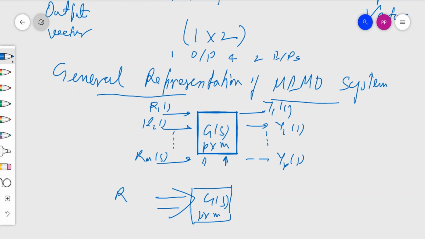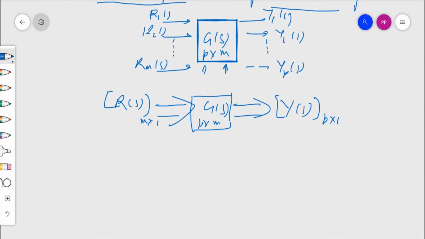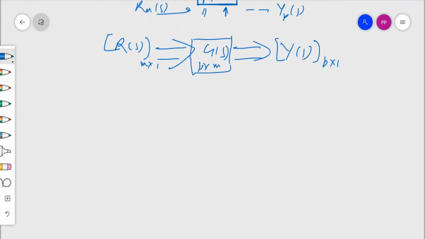where you have an input vector of order m by 1, and you have a thick arrow with output vector Ys of order p by 1. So if we elaborate it, it can be written and represented as y1s, y2s up to yps.